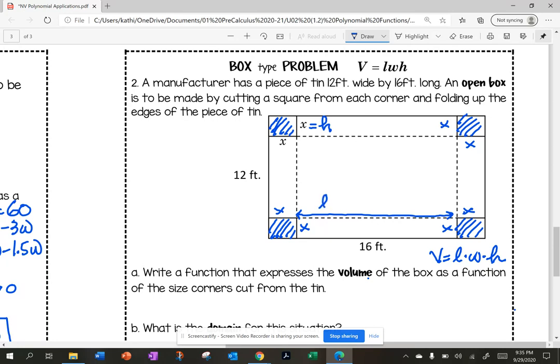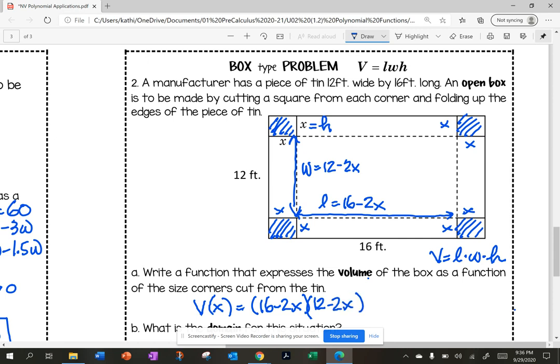So my length is 16 minus 2x. I'm going to do the same process with my width. My width starts out as 12, but I'm cutting out 2x, so 12 minus 2x. So my volume in terms of the height x is length, 16 minus 2x, times width, 12 minus 2x, times my height of x.